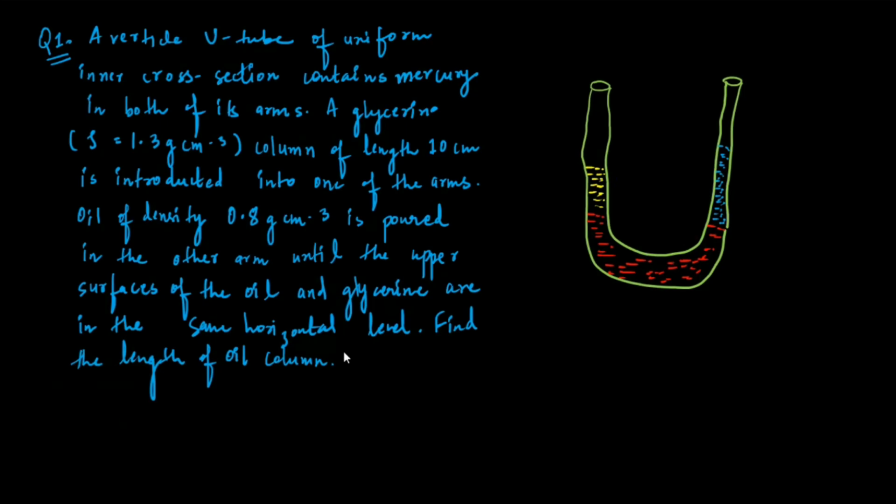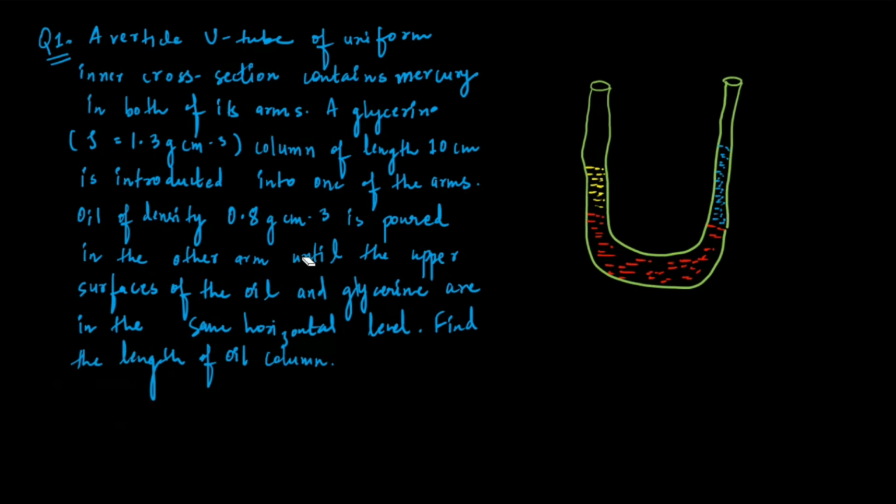Basically, the glycerin's density is much more than the oil's density, so glycerin would push on the oil more. So in order for the oil to level out, we would need more oil than glycerin. Somewhat right, but think about it.